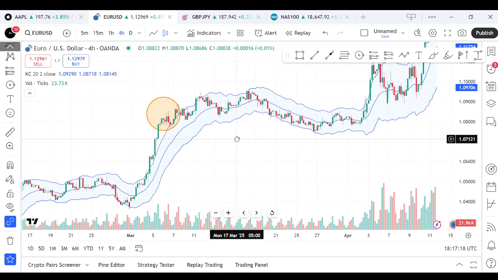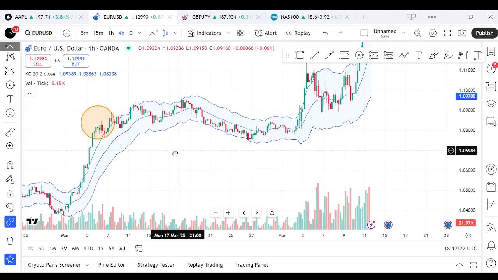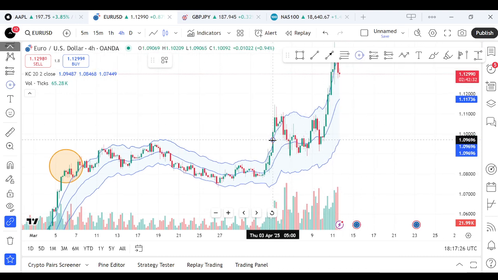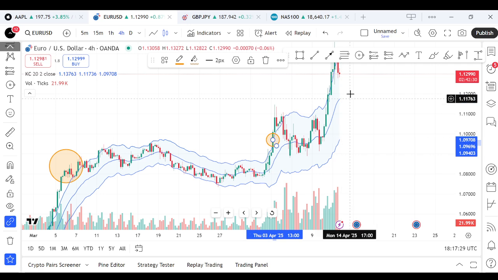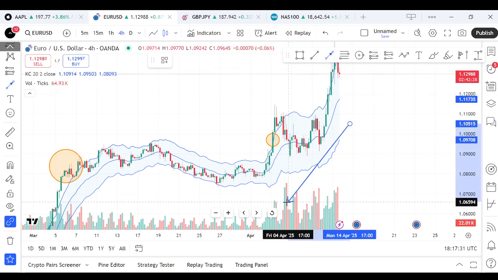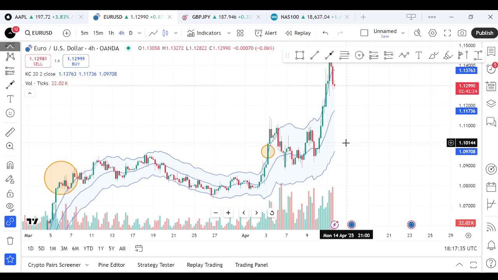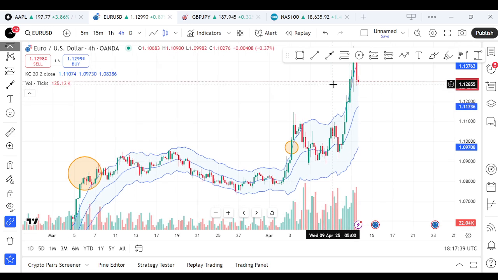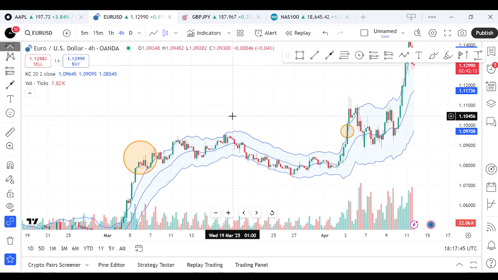Additionally, breakouts beyond the channel can signify strong momentum and potential trend continuation. We have one happening here. This is a decisive breakout supported by volume, and this shows that we should be expecting the trend to continue in the direction of the breakout. So that is that for the Keltner channel. It's very easy to understand.